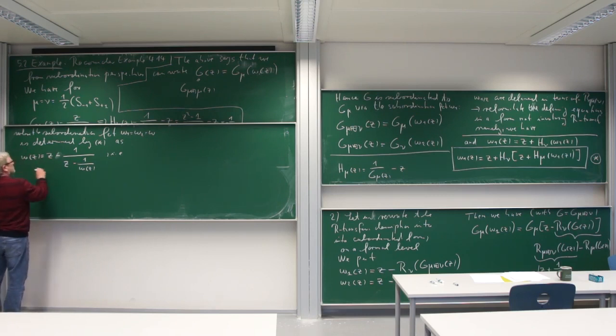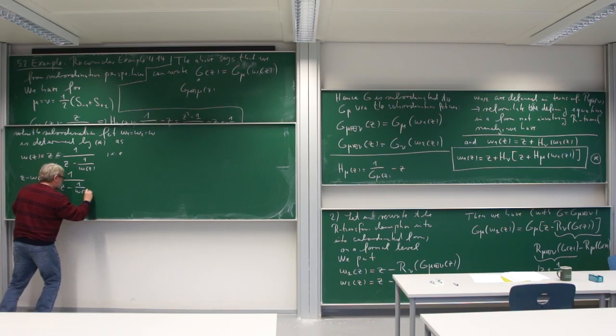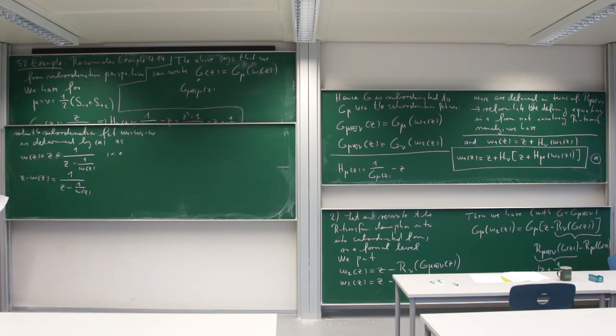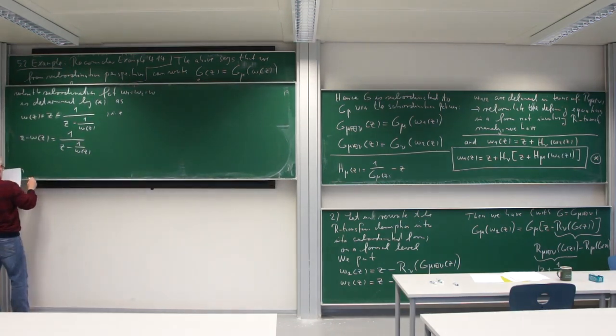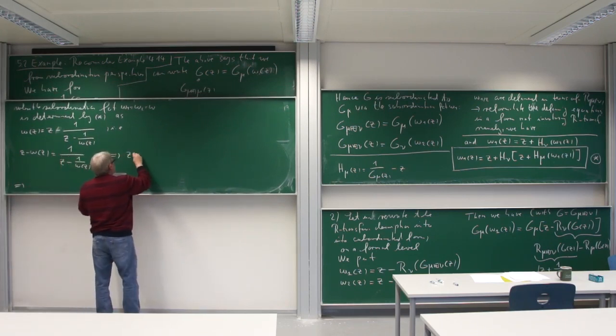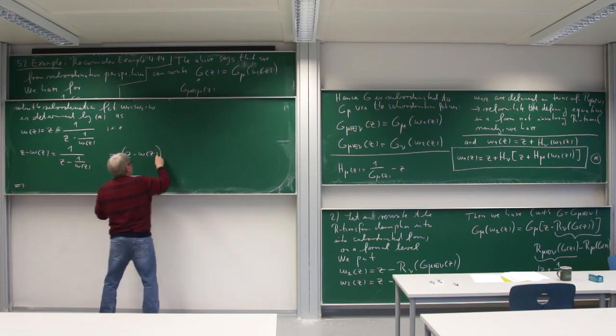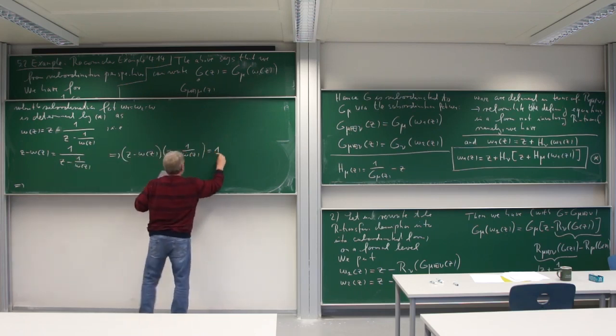So maybe bring this on the other side, and here I have Z minus omega of Z. This is 1 over Z minus 1 over omega of Z. So if I multiply, this tells me that Z minus omega of Z multiplied with Z minus 1 over omega of Z is equal to 1.